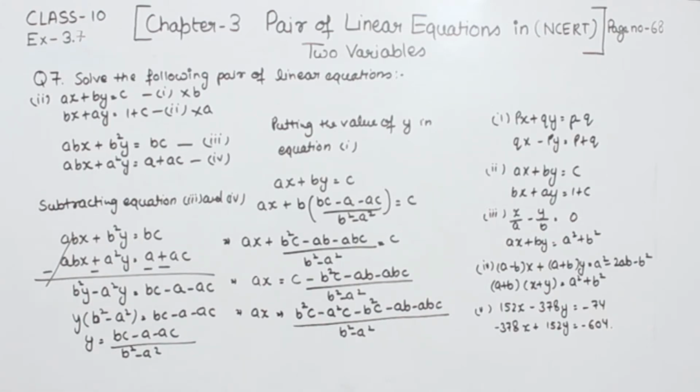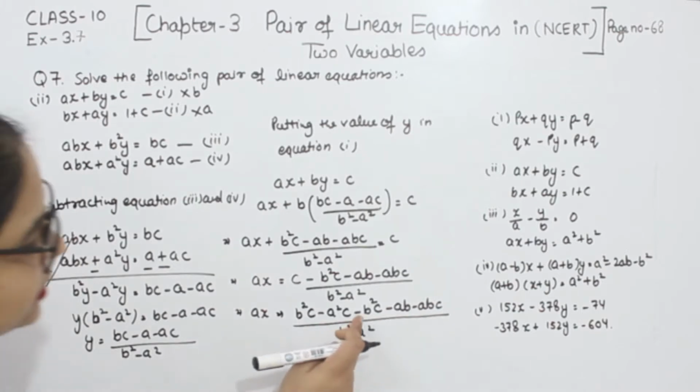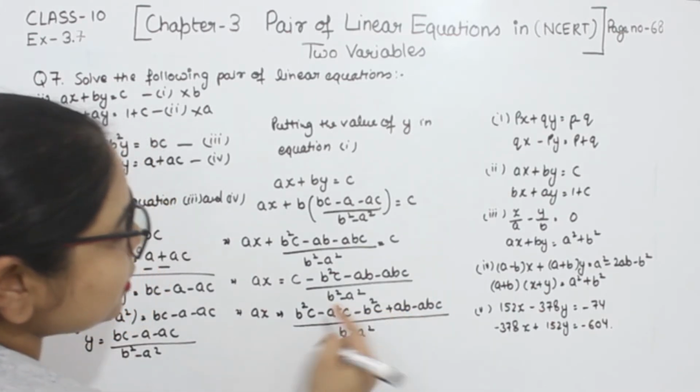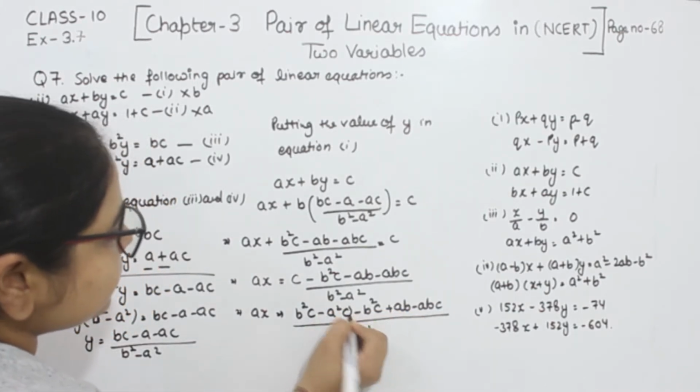This has a negative sign here, so the sign inside the bracket will change. Here we have minus 1, and here it will be plus.